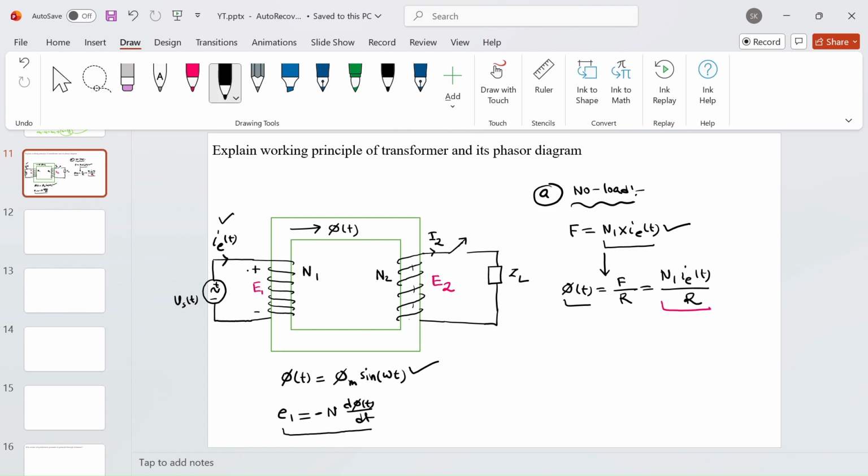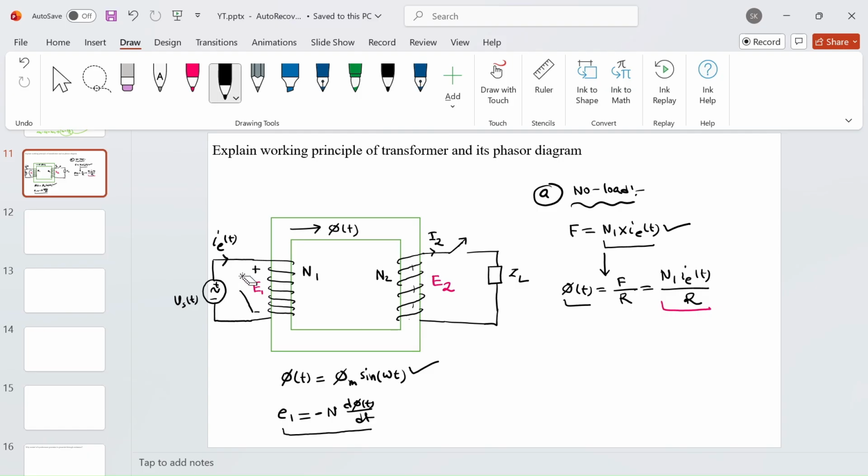So the moment you assign this plus minus polarity to the induced voltage, you are basically saying that this current I of t will simply get reduced, and it will try to oppose its cause of creation. So either you have to mark this plus minus symbol in the figure, or you have to directly consider the effect in the equation itself.